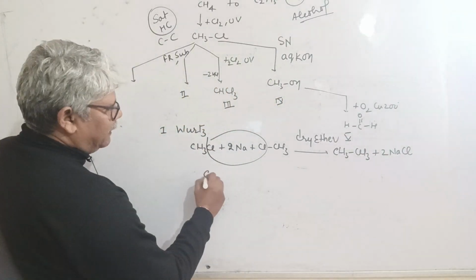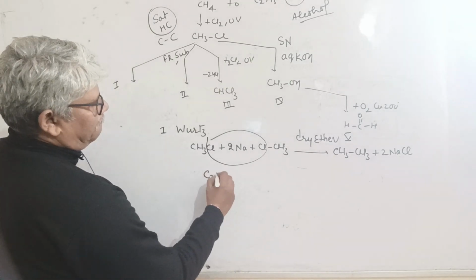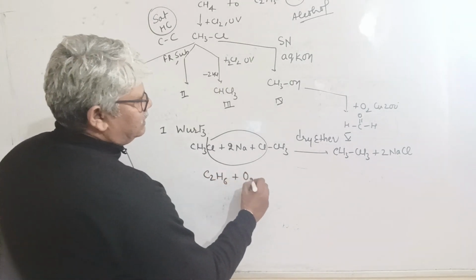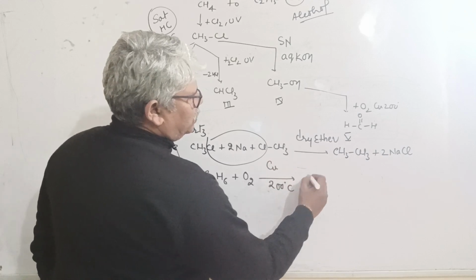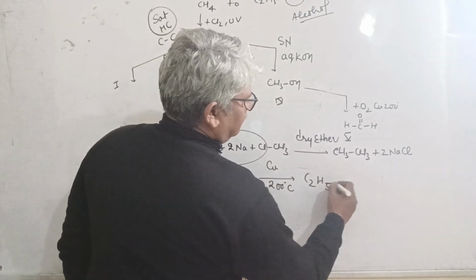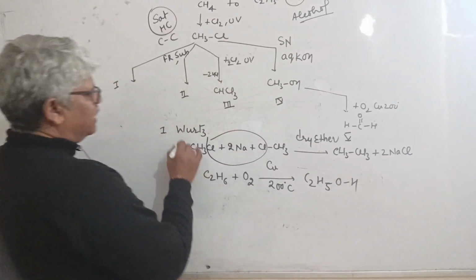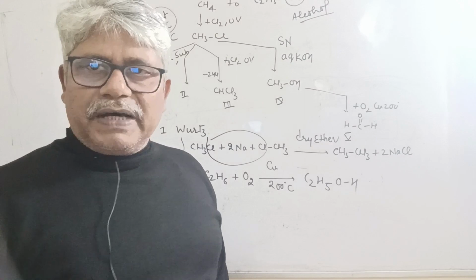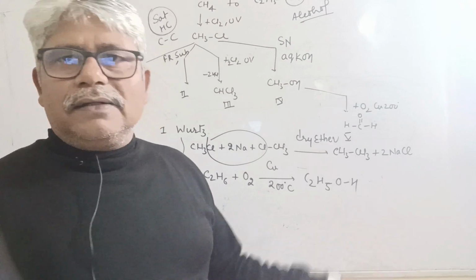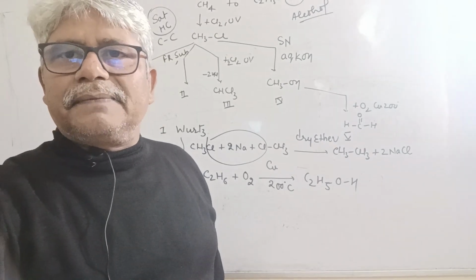Now this ethane can be oxidized in copper at 200 degrees centigrade to give ethanol. Mission accomplished. So Wurtz reaction increases 1 carbon and then you can oxidize it further.